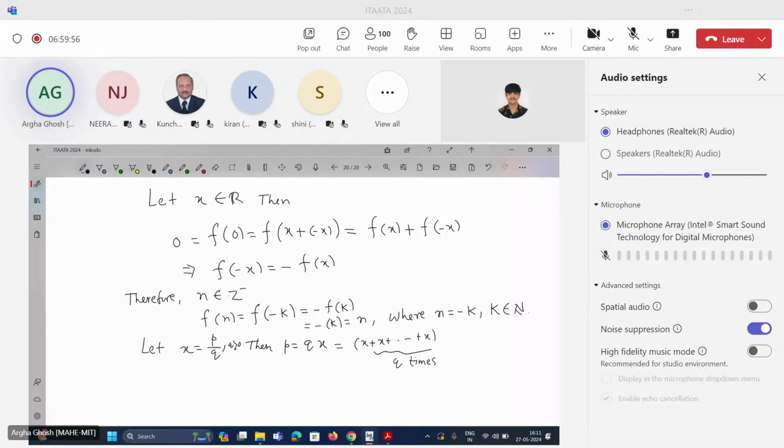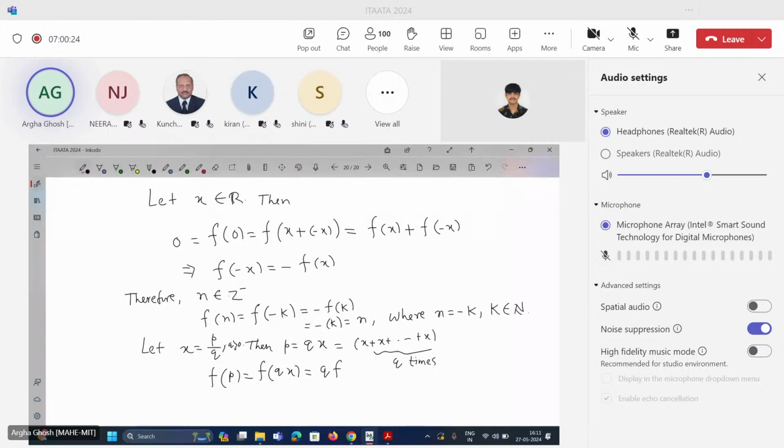Now tell me what we can do. Next. Now it's very easy. f of p equals f of qx, and because qx is q times x, by additivity it is q into f of x. Correct?